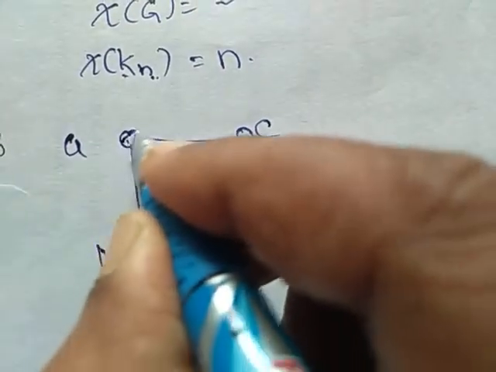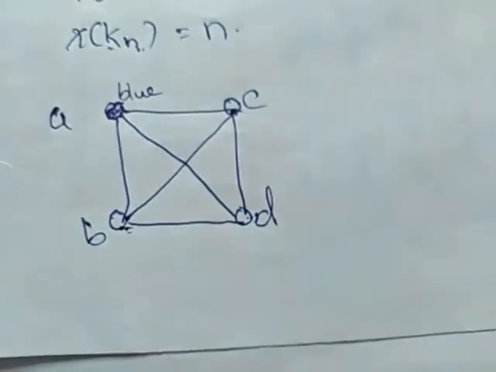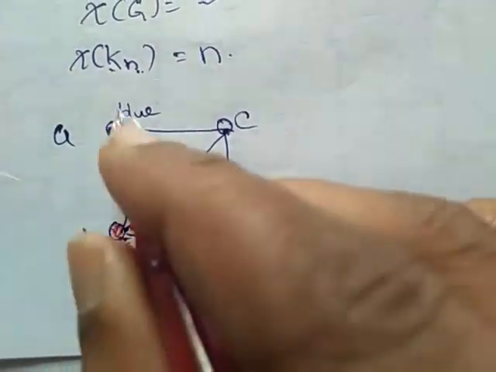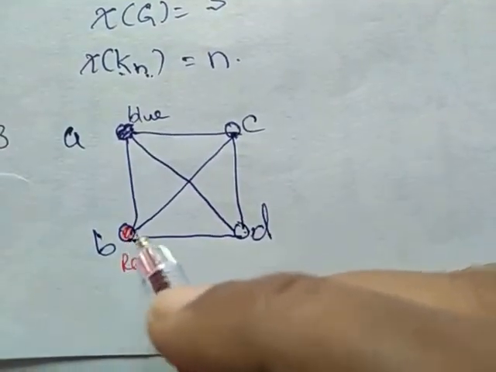So I'll take this as blue color and this as red color. Since it is adjacent to A, I cannot take blue color here.